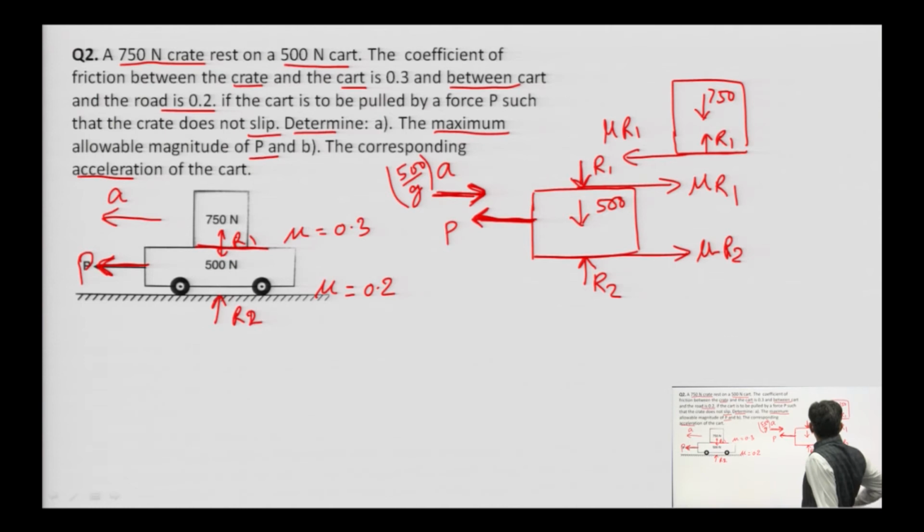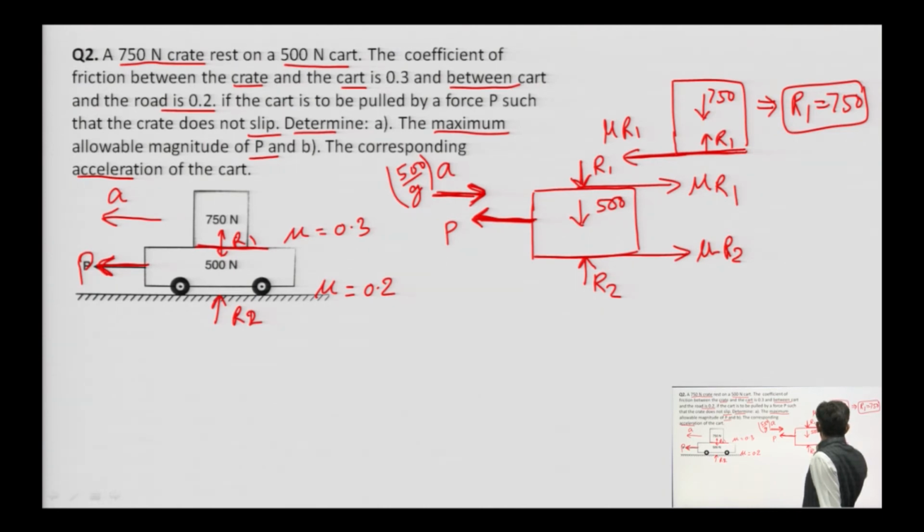In this force, this is actually balanced by this one force. So from this free body diagram, the value of R1 will be 750.